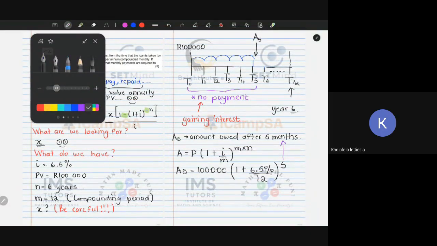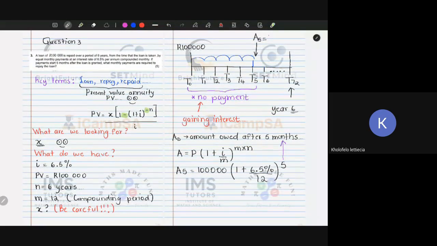So we first need to figure out this P5, this A5. And this A5, if you think carefully, will be the present value. That would be the amount which we are owing before we start making our payments. So anyone who has the calculator, guys, please give me the answer. What is the present value, which is just the amount at the end of the 5th month?